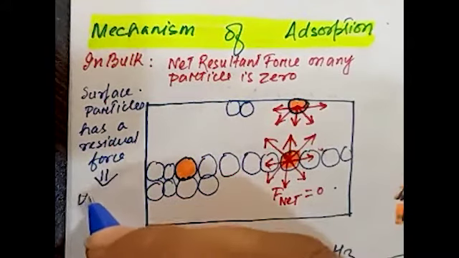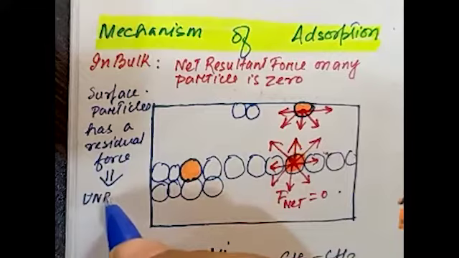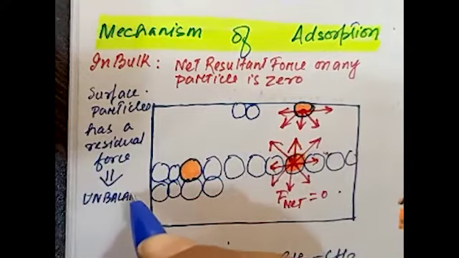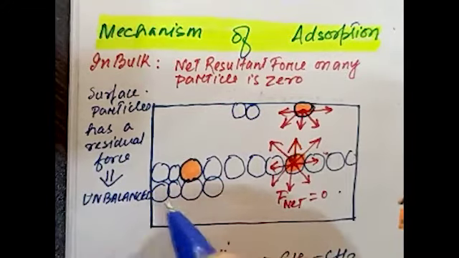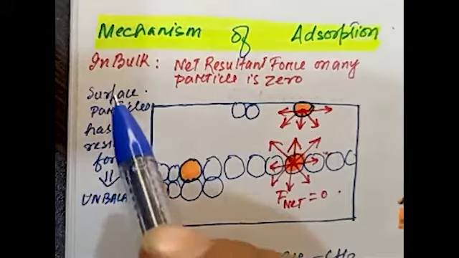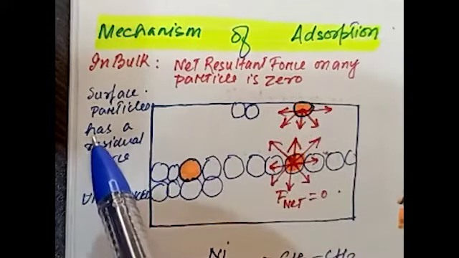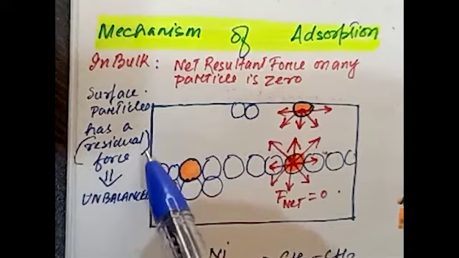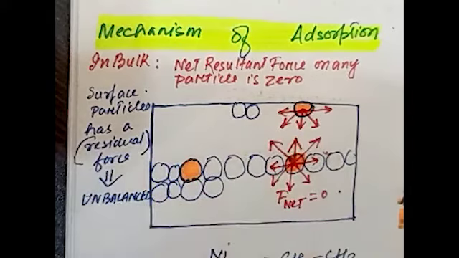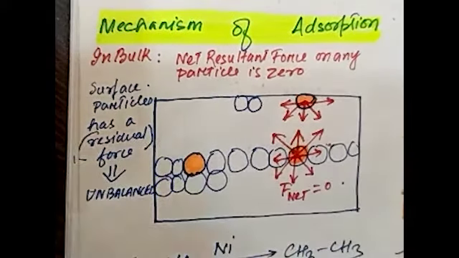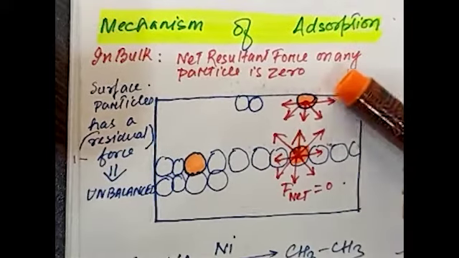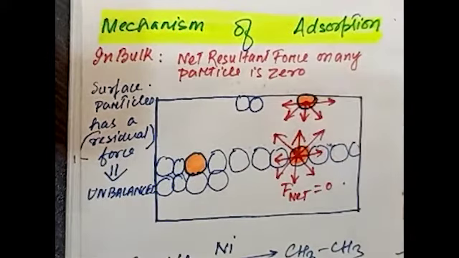Residual means some force remains on the downward side, which is unbalanced, with nothing to balance it. So there is a tension that is always there on the particles on the surface.